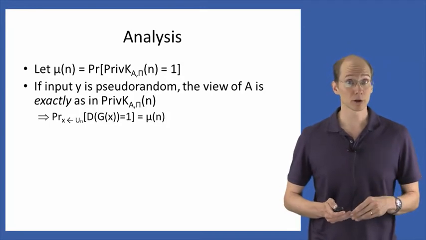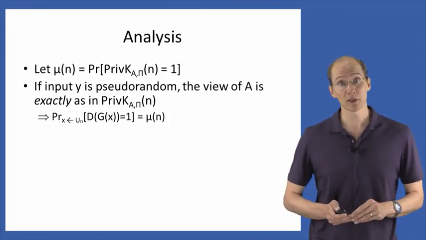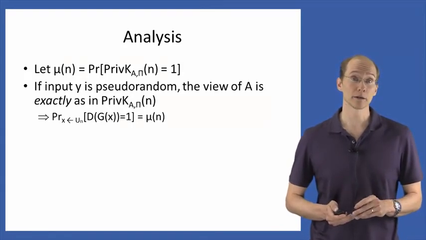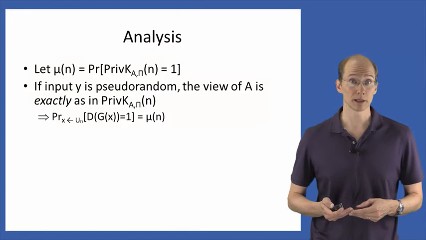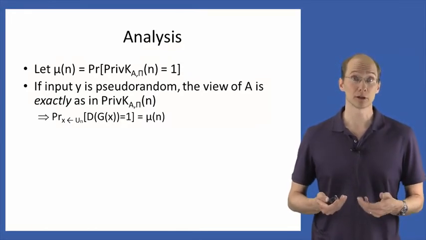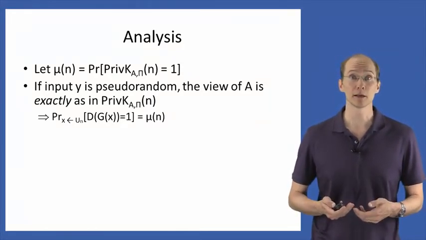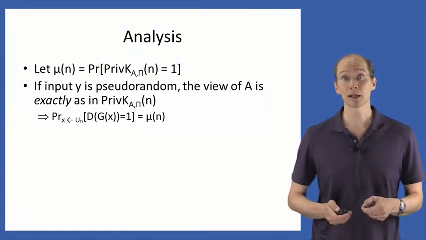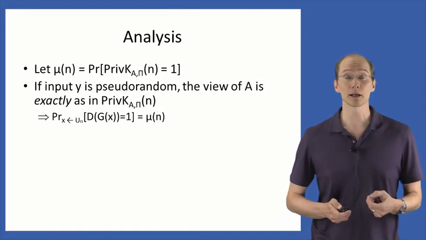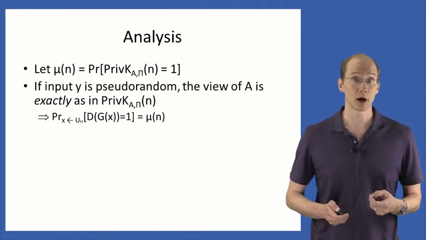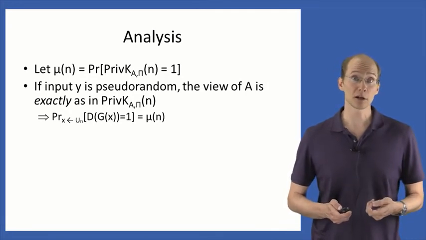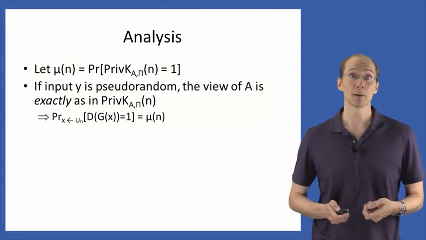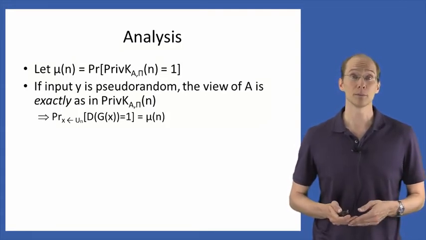I'll show that pictorially on the next slide, but assuming that's the case, the probability that D outputs 1 when y is generated pseudo-randomly, i.e. when we choose a uniform seed x and feed g of x into D, is exactly equal to the probability with which B is equal to B prime, which by definition is the probability that A succeeds in experiment priv_key A pi, which we define to be mu of n.